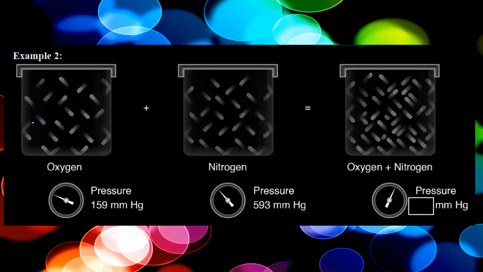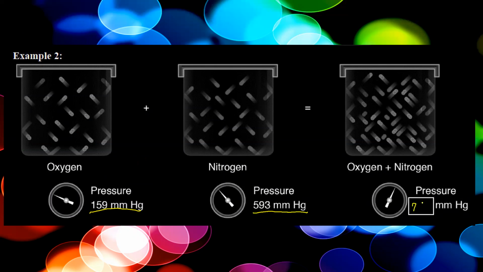Two more examples. Here is oxygen in a container, here's nitrogen in a container, and then I put them both in one container together. If oxygen is 159 millimeters of mercury and nitrogen is 593 millimeters of mercury, what's our total pressure?